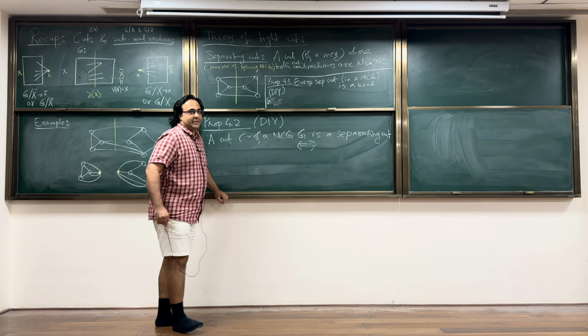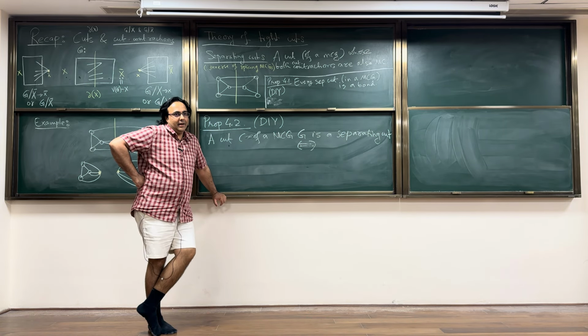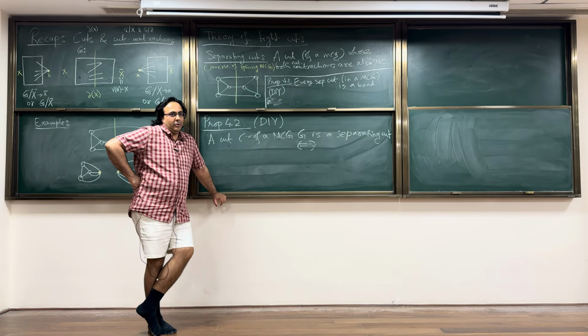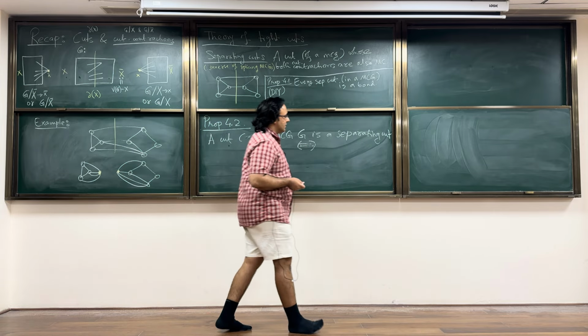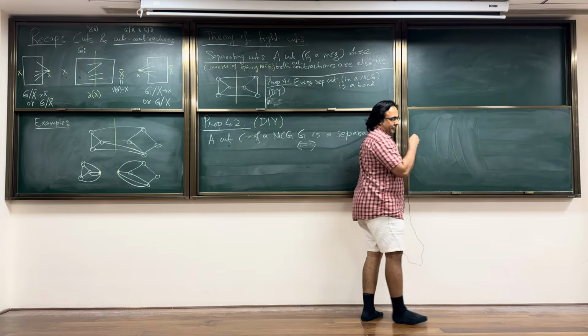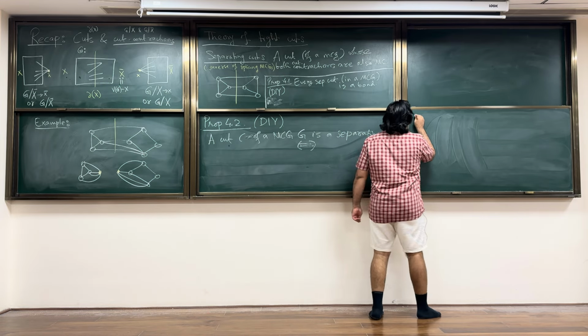A cut C of a matching covered graph is a separating cut if and only if something holds. What we want is something similar to the tight cut definition, but of course not the same. So let's recall what a tight cut is.